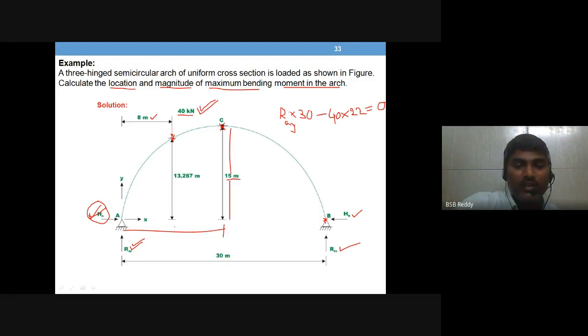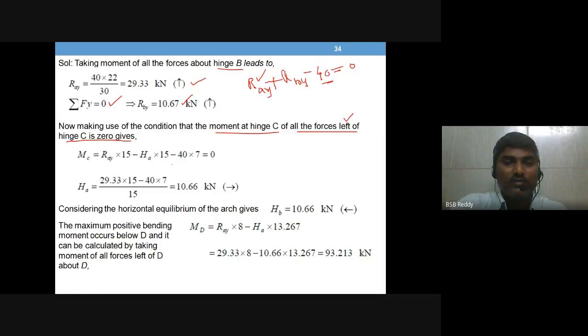So RAY into 15, HA into 15, and 40 into this distance, that means 15 minus 8. That is what is written here: RAY into 15, HA into 15, and 40 into 15 minus 8, that is coming to be 7.